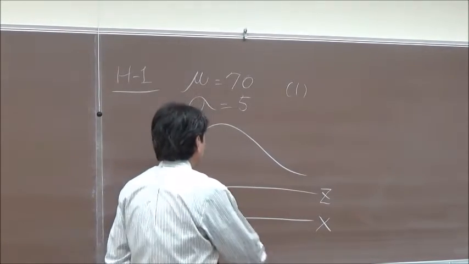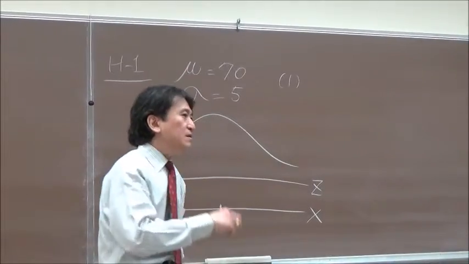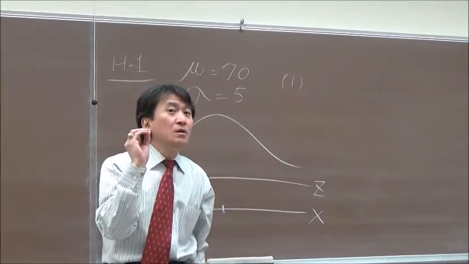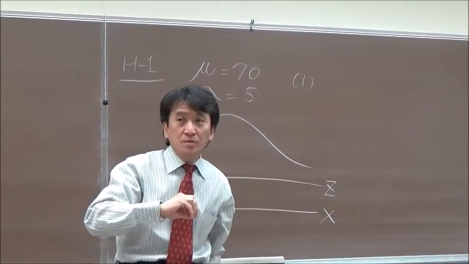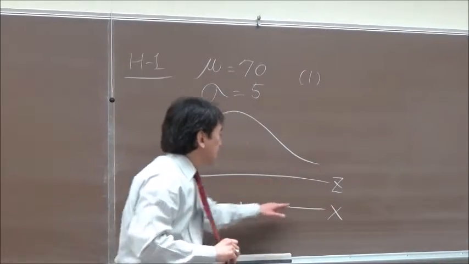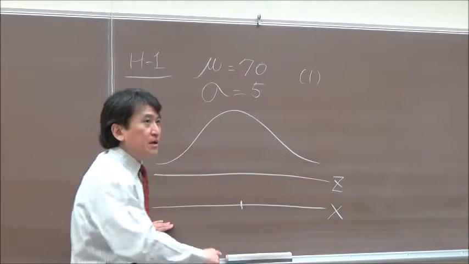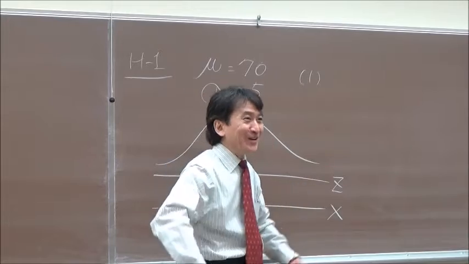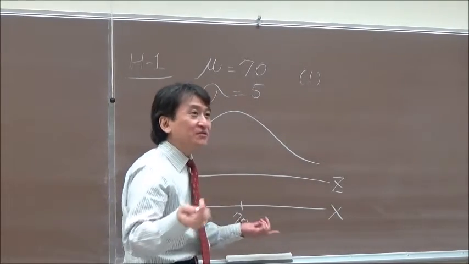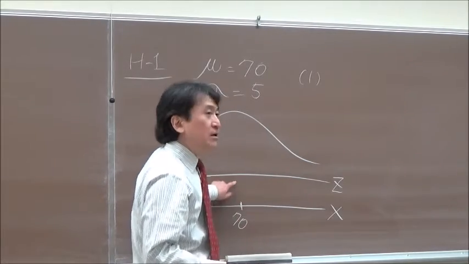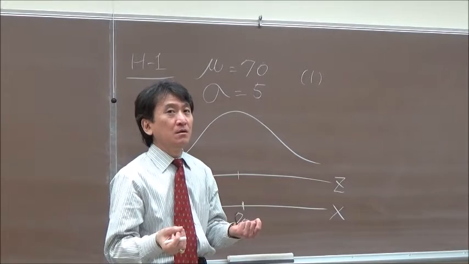Now, the second thing you have to do is to plot the mean. With me so far? For the x score, the mean is what? 70, exactly. Then, what's the mean of the z-score?